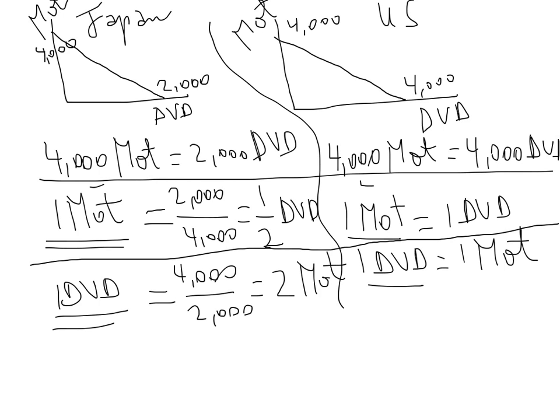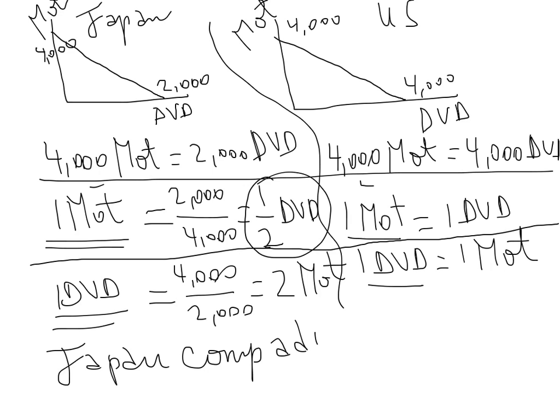You can see here that Japan gives up only half a DVD versus one DVD. So we are going to say that Japan has a comparative advantage in motorcycle production.